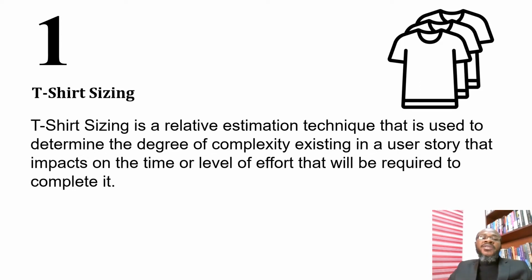When they pick another user story and compare it to the previous user story they indicated as small, and they think that it is slightly bigger, then they may assign medium or large to that user story, just to show the extent to which it varies from the first one that was assigned as small. So that is what we do in t-shirt sizing. We size user stories as small, medium, large, extra large, extra extra large.